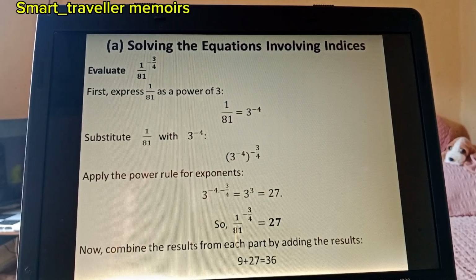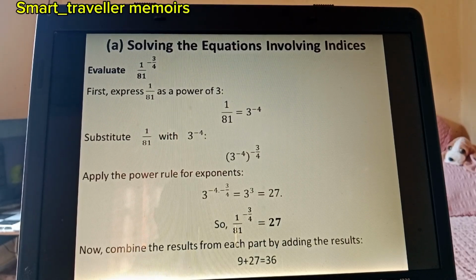Next, you evaluate 1 over 81 raised to negative 3 over 4. First, express 1 over 81 as a power of 3. And you are going to get 1 over 81 is equal to 1 over 3 raised to 4, because 81 is 3 raised to 4.